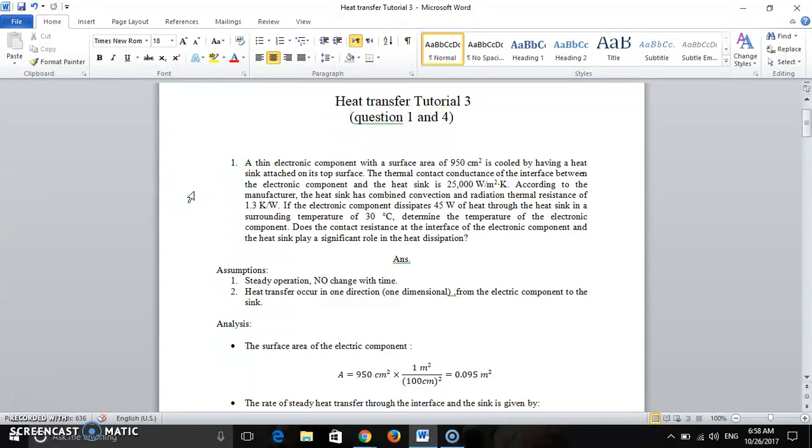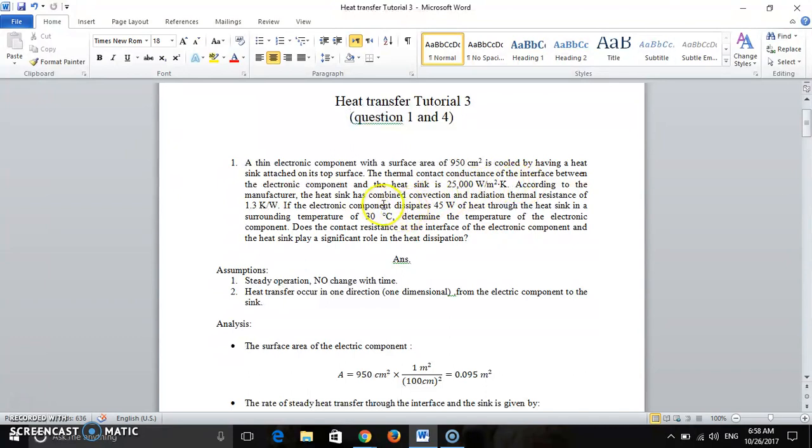In this heat transfer, we face two kinds of resistance. The first one is the resistance in the interface between the electrical component and the sink, and the heat conductance is given to be 25,000.